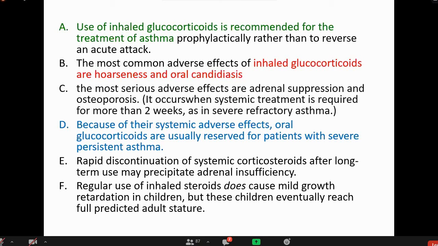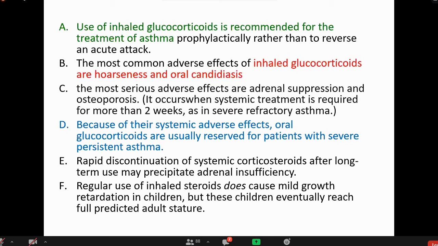The most common adverse effects; this is one of the questions commonly asked in the exam. The most common adverse effects of inhaled glucocorticoids are hoarseness and oral candidiasis. But we can avoid these local side effects by advising our patient, after taking the dose, to wash their mouth properly.